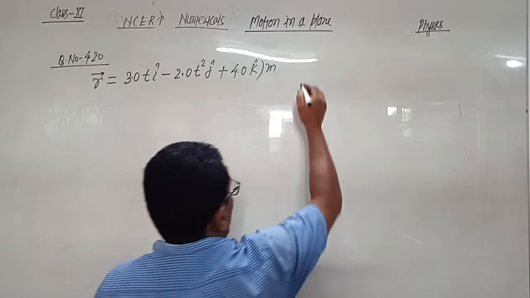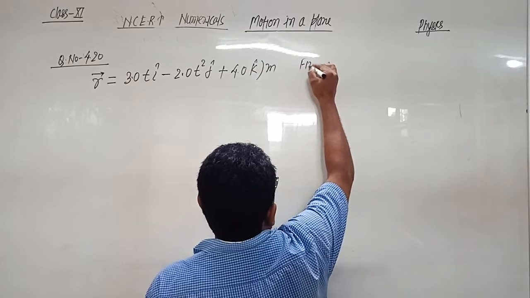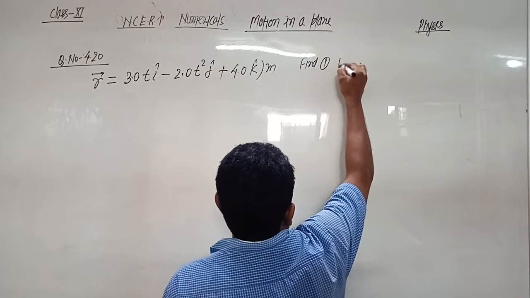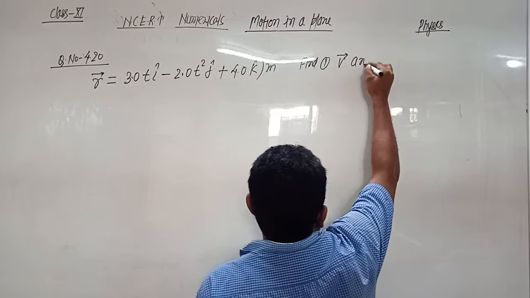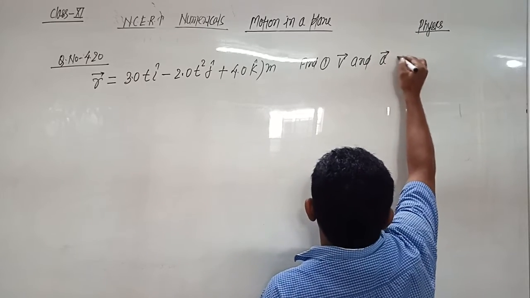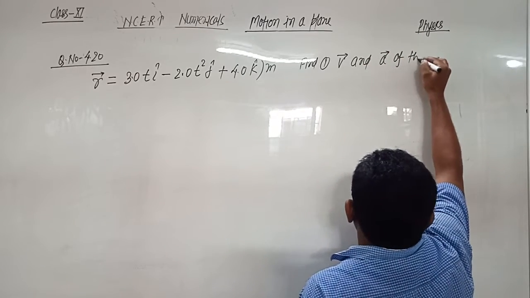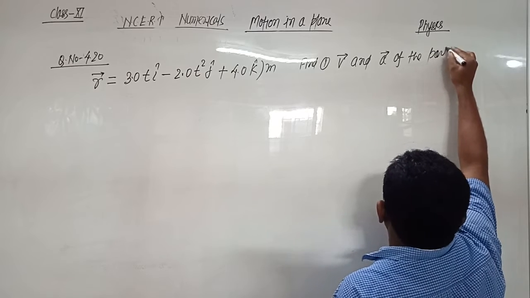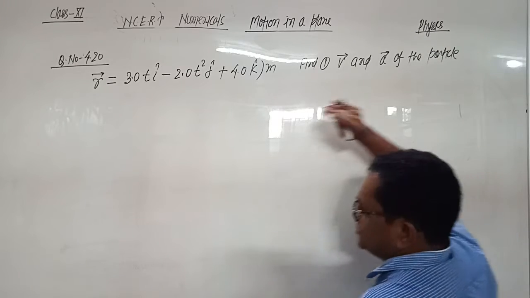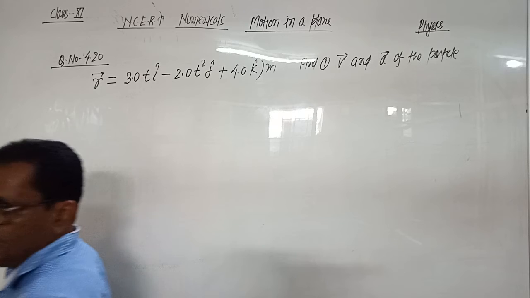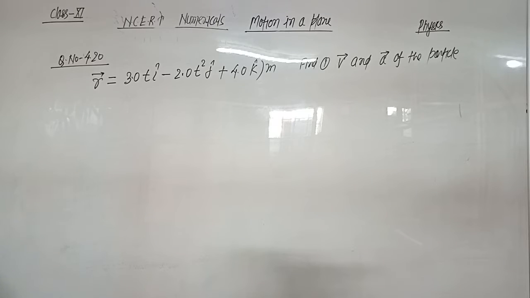Find the velocity and acceleration of the particle. The position vector is given, and we have to find the velocity vector and acceleration vector of the particle.